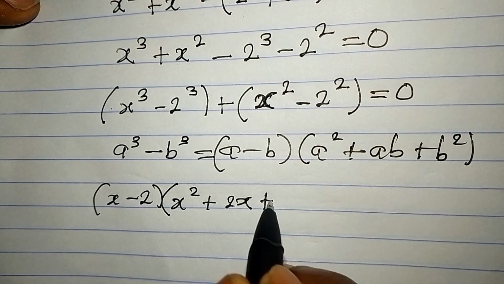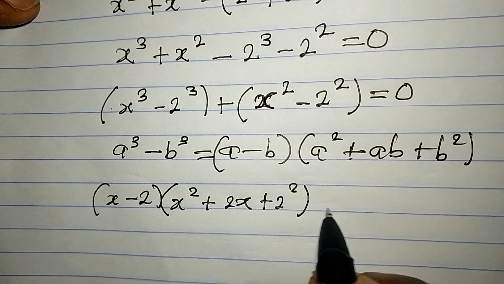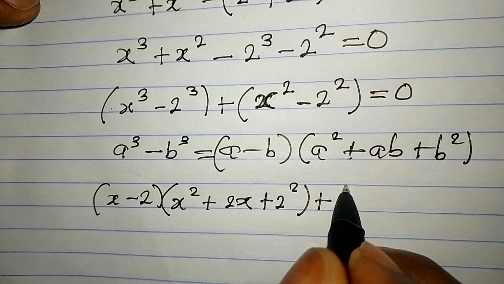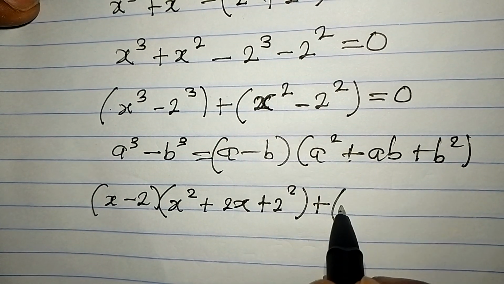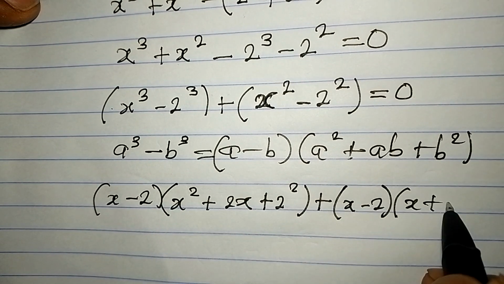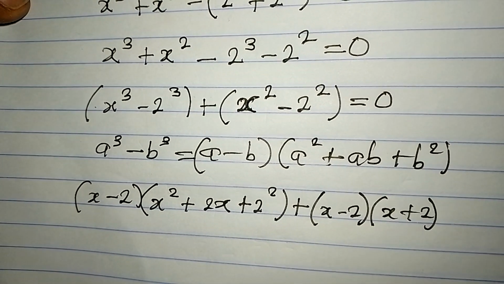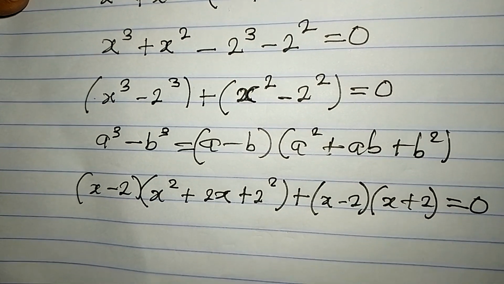Then plus b squared. Our b squared is going to be 2 squared. Now close this. Plus, let's go straight to the difference of two squares. So we have x minus 2 into x plus 2. So this is for the difference of two squares, and everything is equal to 0.